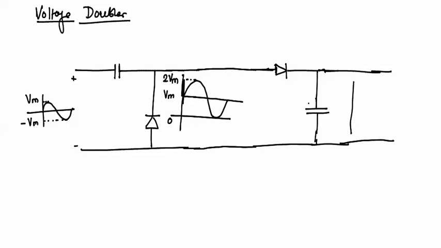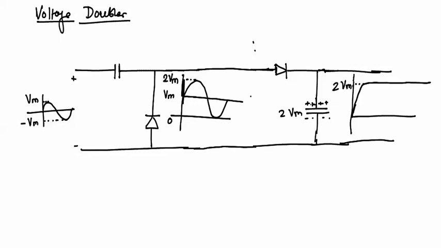So this capacitor will be charged up to 2 Vm, and the output will be a constant voltage equal to 2 Vm. Two or three times this voltage doubler circuit has been asked in the GATE examination in instrumentation engineering, electrical, and electronics engineering also.